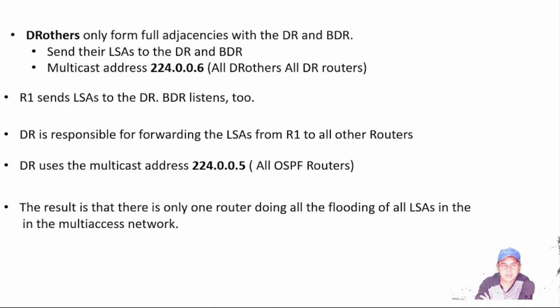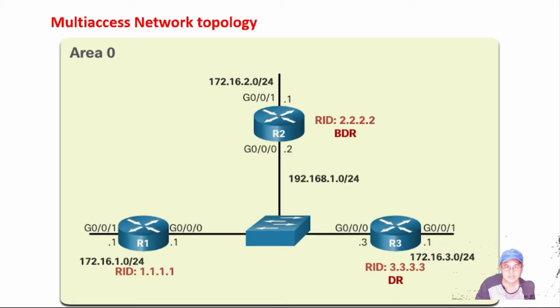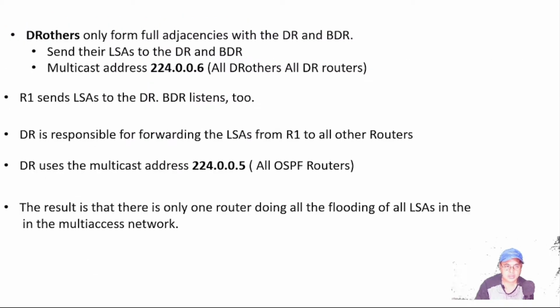Now, in the case of the topology, if you notice, it is obvious that the DR will be router 3 because it has the highest router ID of 3.3.3.3, and the BDR is router 2.2.2.2. Now, in this particular scenario, R1 sends its LSA to the DR and BDR.